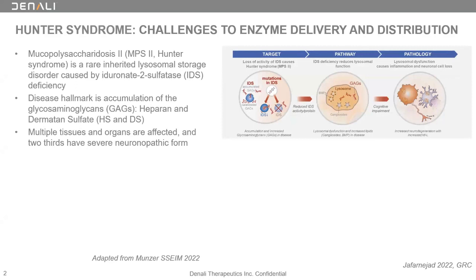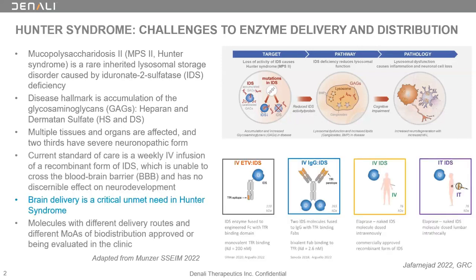Given the deficiency in IDS, the hallmarks are accumulation of glycosaminoglycans, typically referred to as GAGs, and the more prominent ones are heparan and dermatan sulfate. This deficiency in IDS results in impact in multiple tissues and organs, and there is a neurodevelopment deficiency in at least 2/3 of the patients that are impacted.